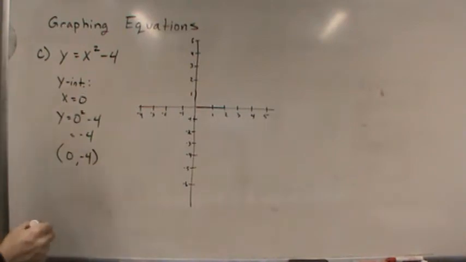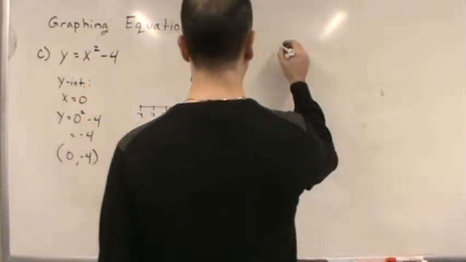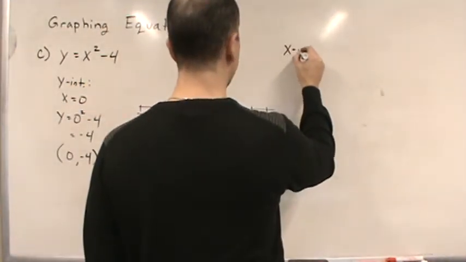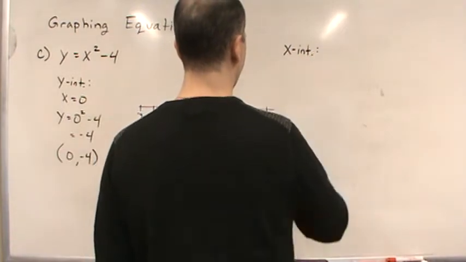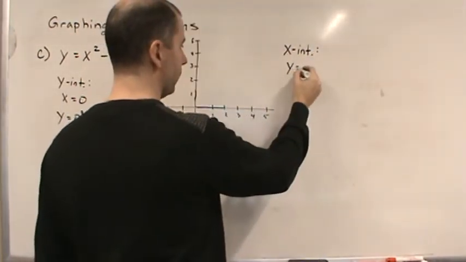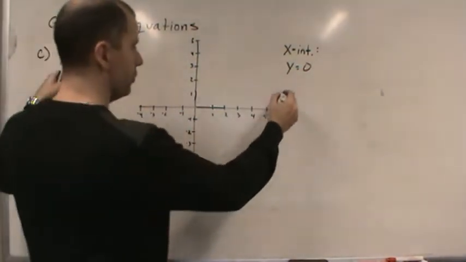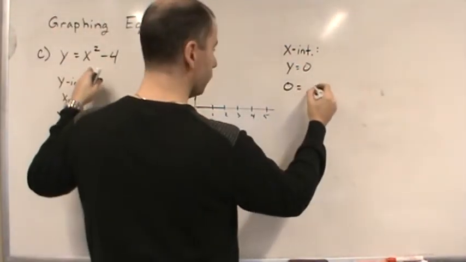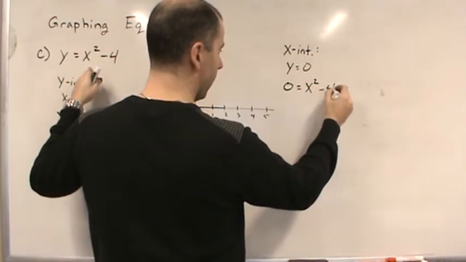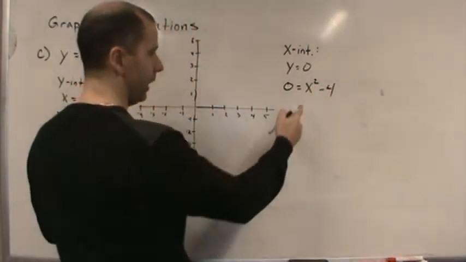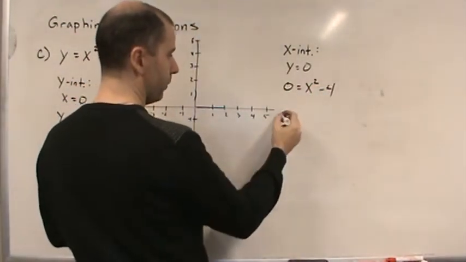Okay, and then over here, let's find the x-intercept. And so we're going to set y equal to 0. And so now we're going to solve 0 equal to x squared minus 4. And now we're going to add 4 to both sides.